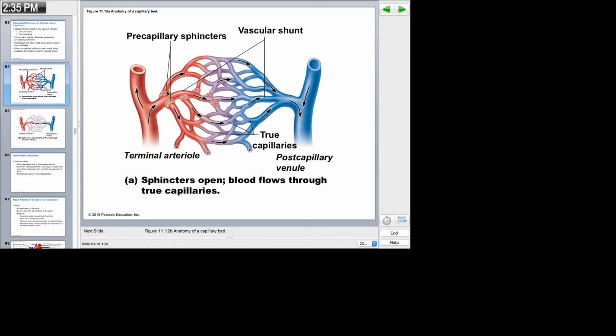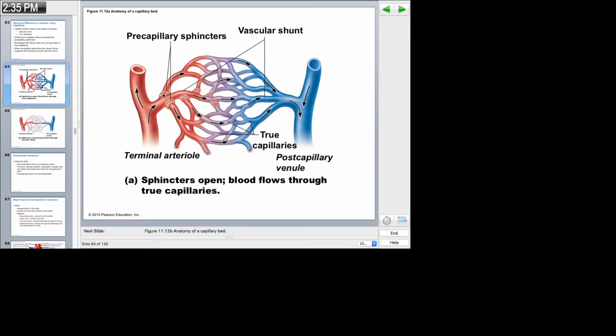Let's take, for instance, that big bad bear is chasing you and you're trying to run away. What's going to happen is your system is going to shut down these precapillary sphincters, not to your muscles. You want the blood vessels open wide going to your muscles, but to your mesentery, to your digestive system, and your extremities.